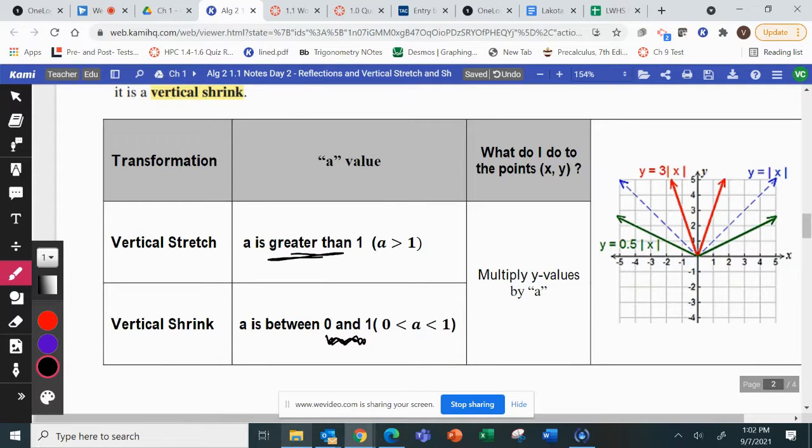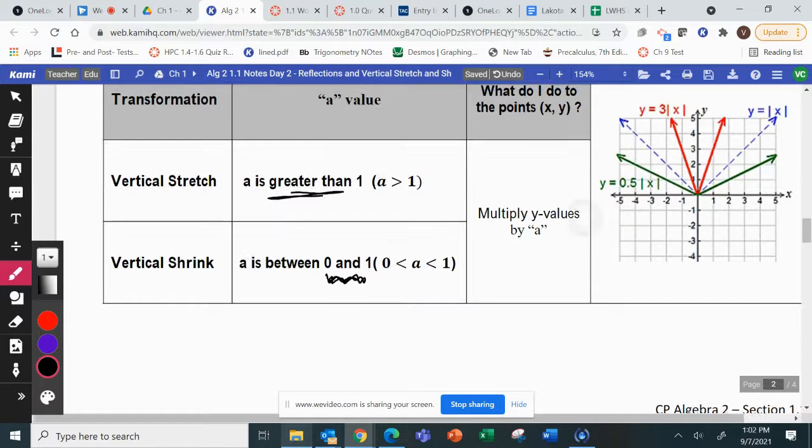Why can't it be less than 0? What would happen if I had y equals -5 absolute value of x? Make it negative. It would make it negative, but would that negative make it a stretch or a shrink? Because this says a stretch is greater than 1 or a shrink is between 0 and 1. So what's negative 5 do?